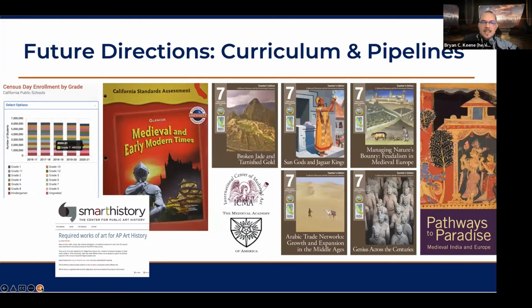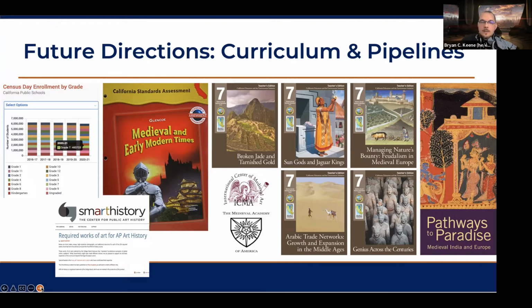So I realize I'm going long now. I wanted to give one additional application, because this model, as I mentioned at the beginning, has really excited me. And I think of curriculum applications and pipeline modeling, because institutions of higher learning and museums often use the term pipeline in a kind of nebulous way. And what I was starting to look at years ago as a curator was, how can I be more strategic in the exhibitions that I put on and the acquisitions that I propose based on what's being taught in our classes?